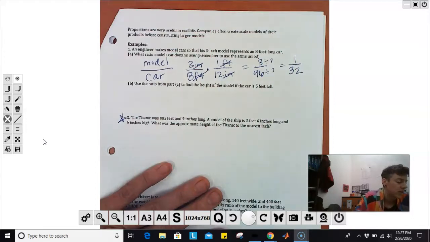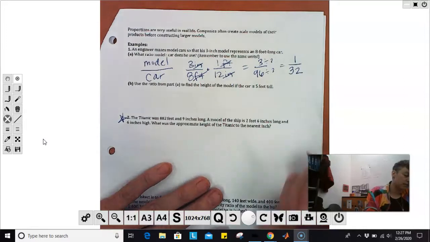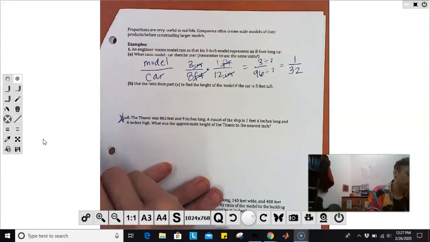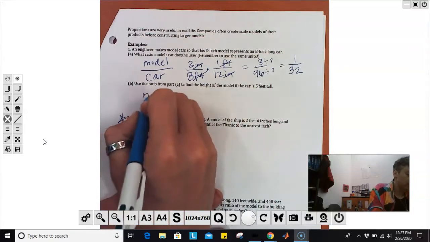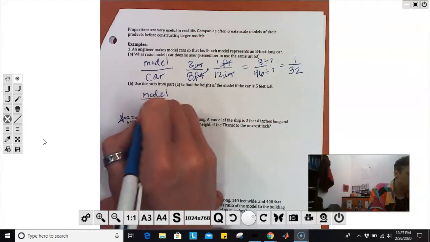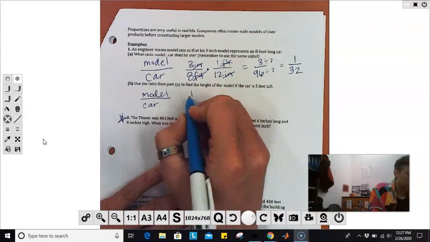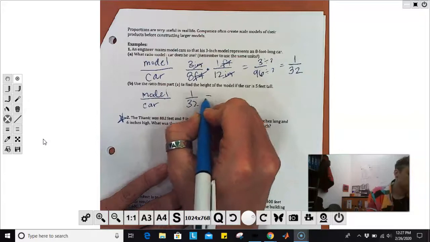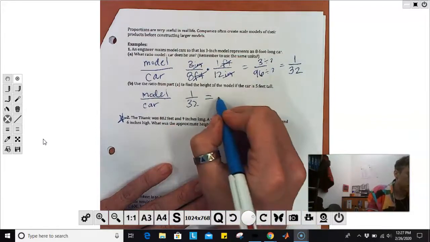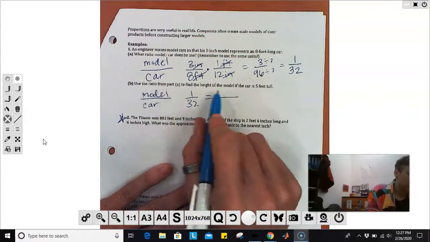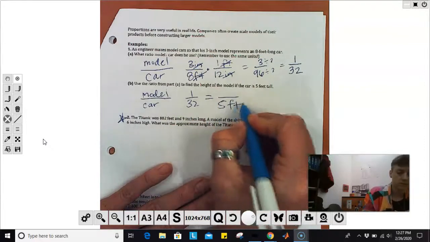Cool. Use the ratio from part A to find the height of the model if the car is 5 feet tall. All right, so our ratio is still model to car. 1 to 32 is going to be equal to x over the car height, 5 feet.